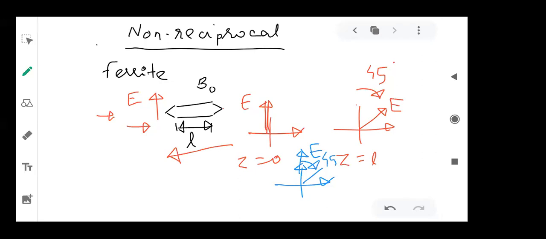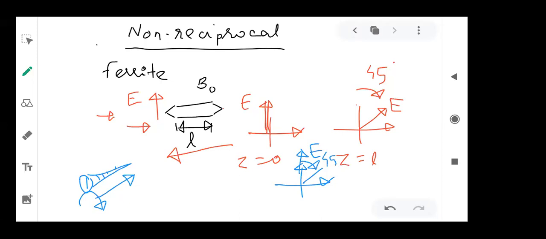You can compare this behavior with the help of a screw. If you have a threaded screw like this, and it is rotated in the clockwise direction, it moves towards the right-hand side. It means that if the screw moves towards the right-hand side, then the rotation of the screw will be in the clockwise direction.